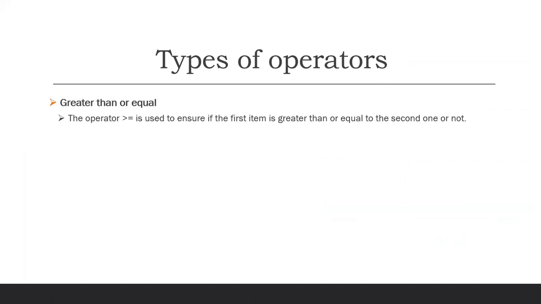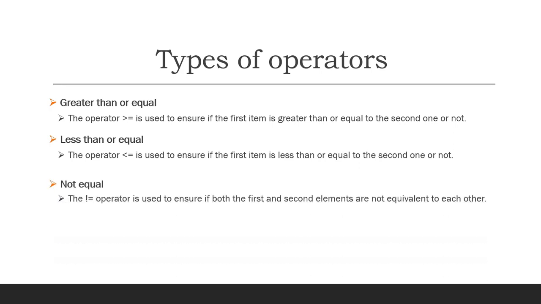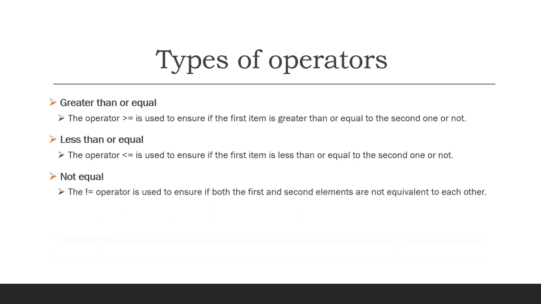Next we have greater than or equal operator. So this operator is used to ensure if the first item is greater than or equal to the second one or not. Less than or equal to is used to ensure if the first item is less than or equal to the second one or not. Next, we have not equal operator.